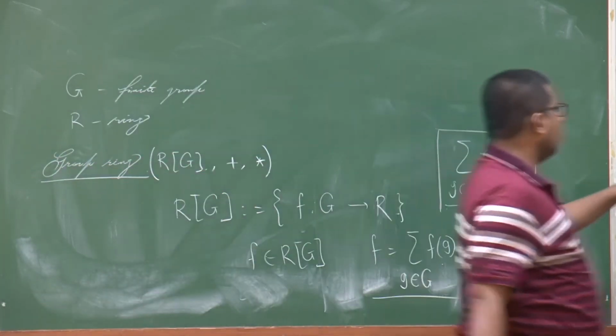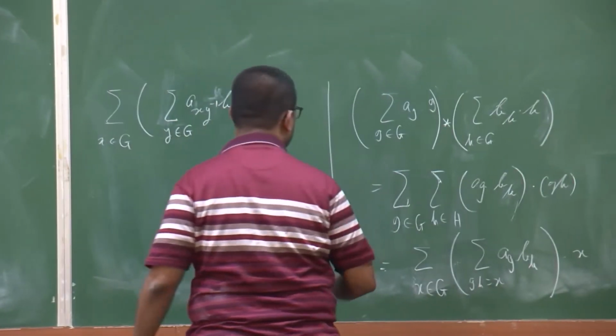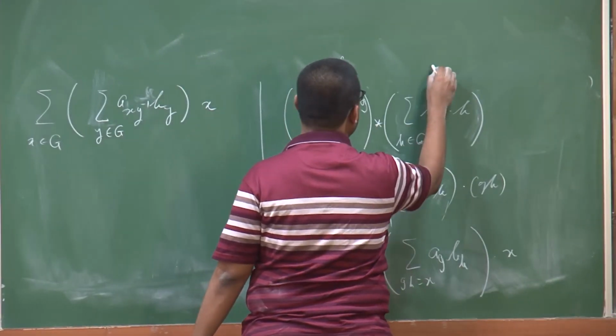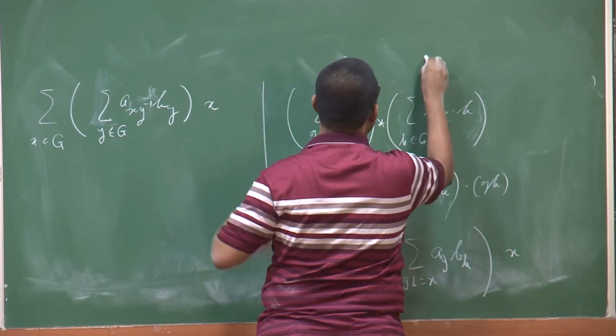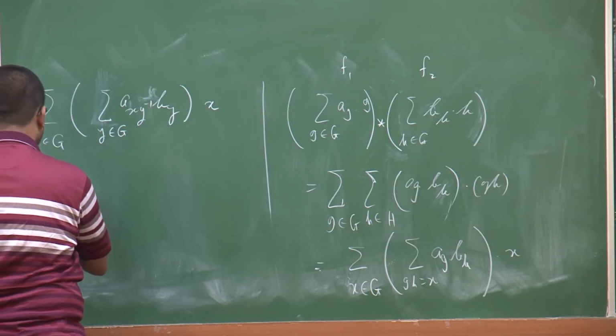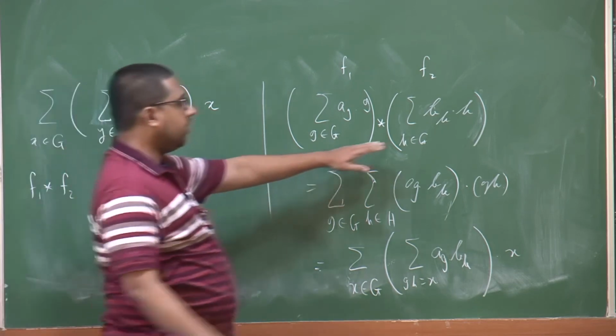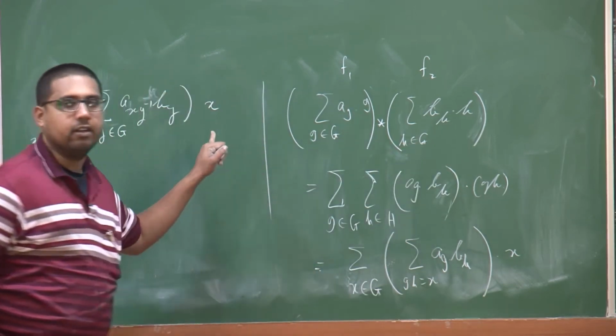I forgot to tell you how this looks in terms of functions. Suppose this is the function f, and this is the function f1 and this is the function f2. What should f1 star f2 be, because all these are functions after all? So this is also a function.